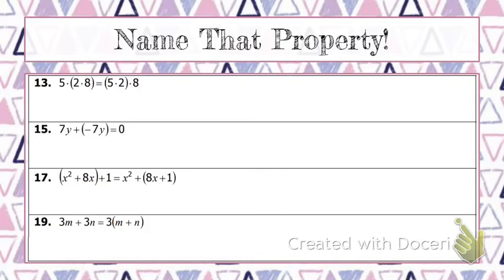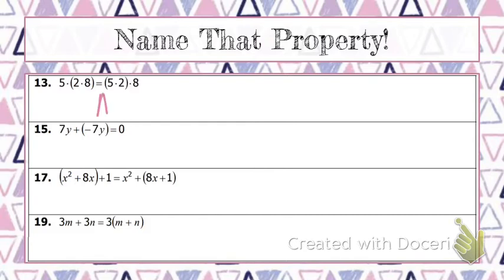So, in order for it to be the associative property, these have to be in the same order, 5, 2, 8, 5, 2, 8, but the parentheses have been moved. And that's exactly what we have here. So this is the associative property, because remember, it doesn't matter who you associate with, you'll get the same answer.